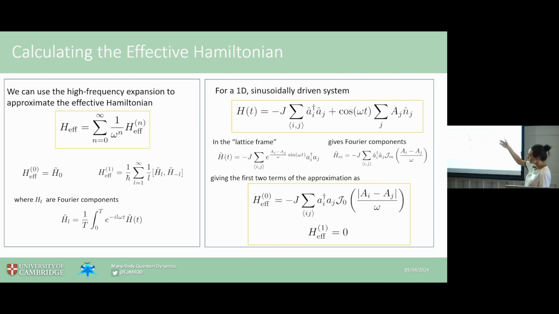Utilizing this high-frequency expansion, the first order gives an effective Hamiltonian where we've renormalized the tunneling to a Bessel function, where the argument of the Bessel function, for each tunneling to neighboring sites, is the difference in the drive amplitude between those neighboring sites. Conveniently, the second order component is 0, so we hope this first order component is quite an accurate representation of what's going on if we have reasonable drives.